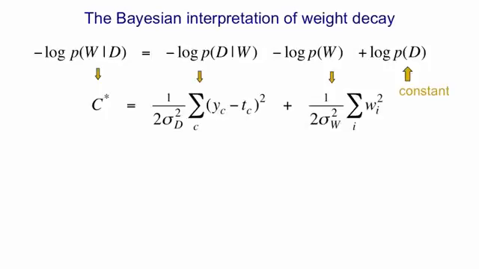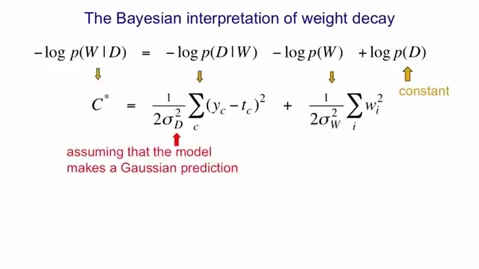The first is derived from the log probability of the data given the weights, which, if we assume Gaussian noise is added to the output of the model to make the prediction, is the squared distance between the output of the net and the target value scaled by twice the variance of that Gaussian noise. Similarly, if we assume we have a Gaussian prior for the weights, the log probability of a weight under the prior is the squared value of that weight scaled by twice the variance of the Gaussian prior.